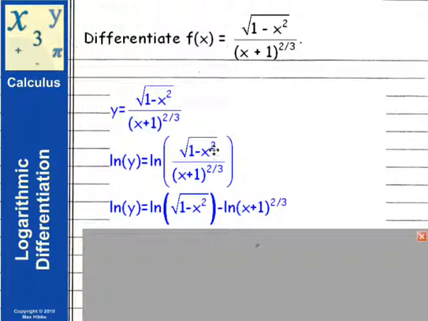The logarithm of the numerator minus the logarithm of the denominator. Now, of course, this numerator, the square root of 1 minus x squared, could be thought of as 1 minus x squared to the power 1/2. And of course here we have an expression to the power 2/3. And so we can use the third law of logarithms.